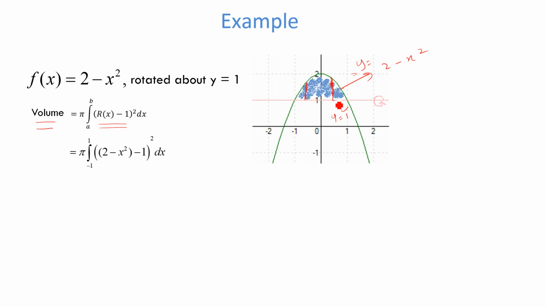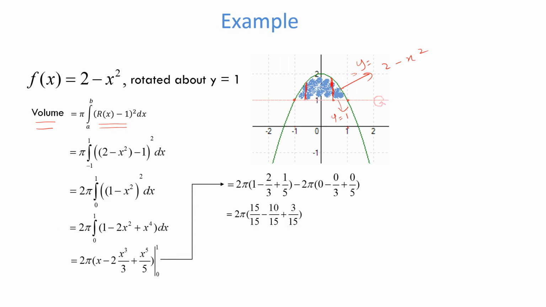So this is our r, so pi r square, and what is the limit? The limit is a function of x from this point to this point. This is the point x is equal to minus 1, and this is the point x is equal to 1, so minus 1 to 1, and the rest is just a matter of calculation. So the answer is 16 pi by 15.